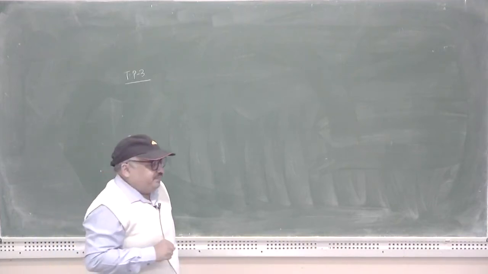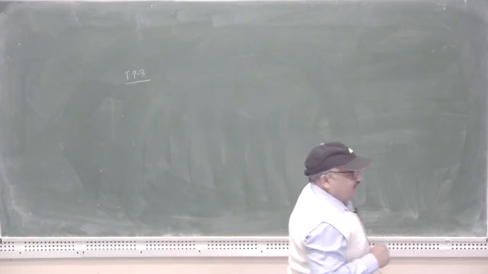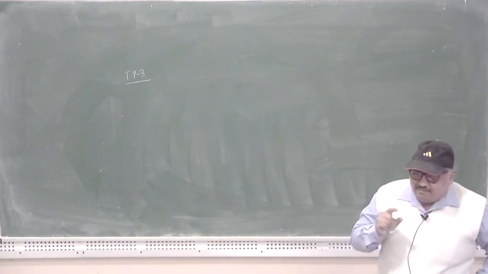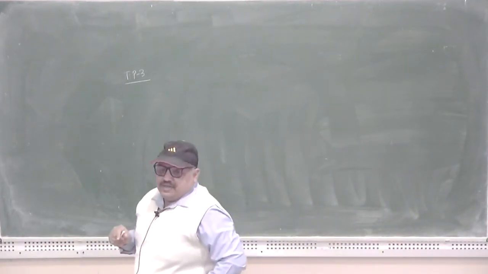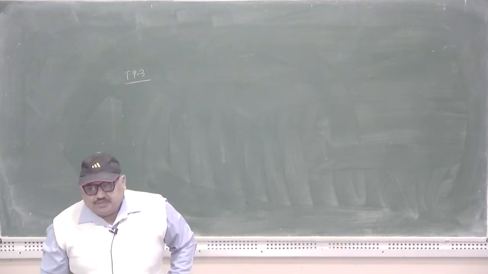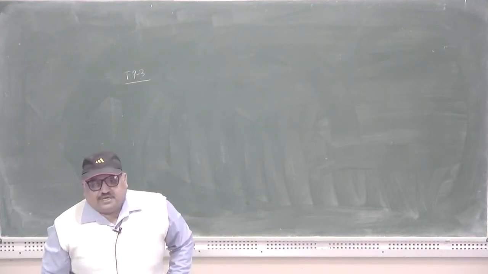Let us suppose you are analyzing a physical phenomenon and you have arrived at a certain dimensionless functional relationship among the pi groups which are involved in that particular physical problem.